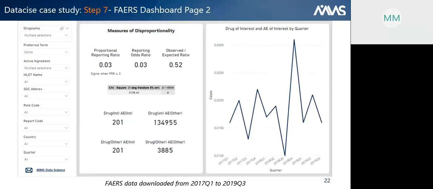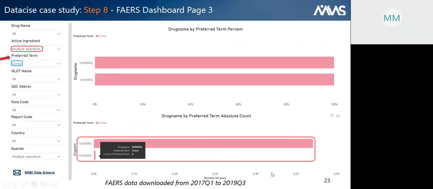And the next dashboard will be the last dashboard from our FAERS system. It will show us relative counts for Humira, and we do not have additional information provided on these dashboards.